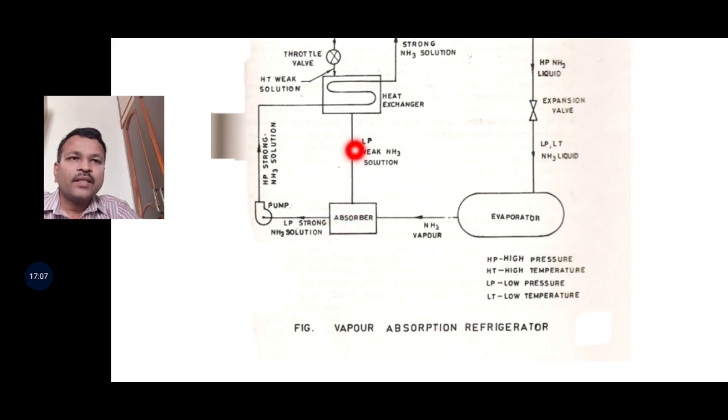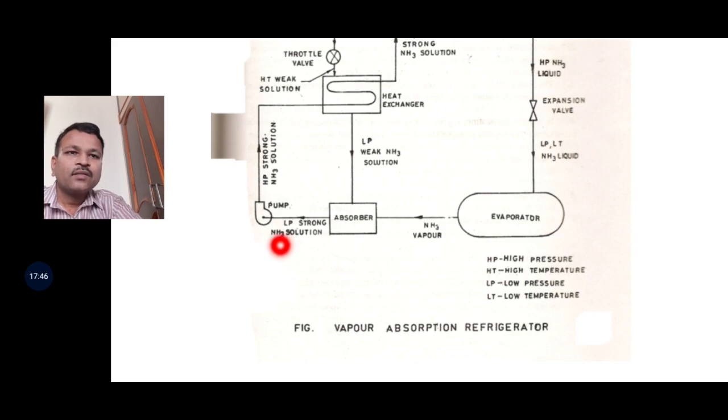From the heat exchanger, low pressure weak ammonia solution is sprayed here, which means water plus weak ammonia is already there. The ammonia vapor is absorbed by the ammonia solution and it becomes a strong ammonia solution, but it is low pressure only.